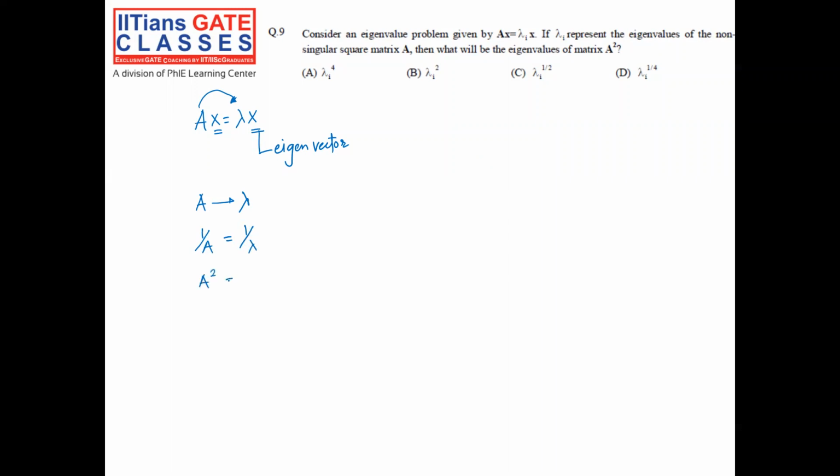The eigenvalue of A square should be equal to lambda square, and so on. So whatever operation we perform on the non-singular square matrix A, the same will replicate for the eigenvalue. Hence, for this question, option B is correct, that is lambda_i square.